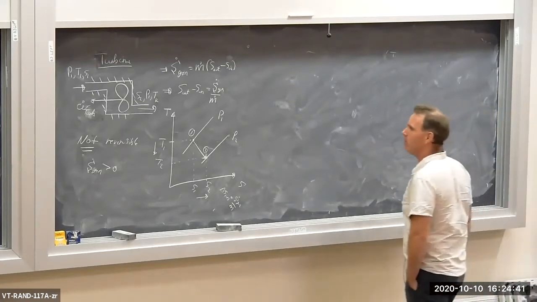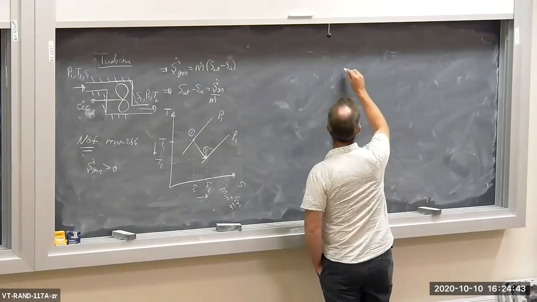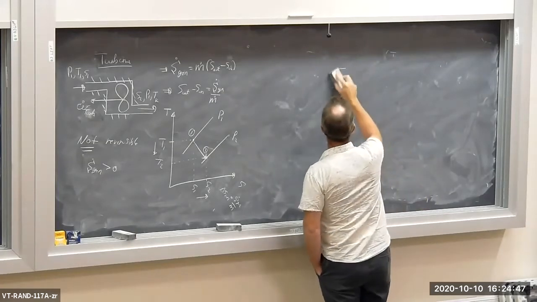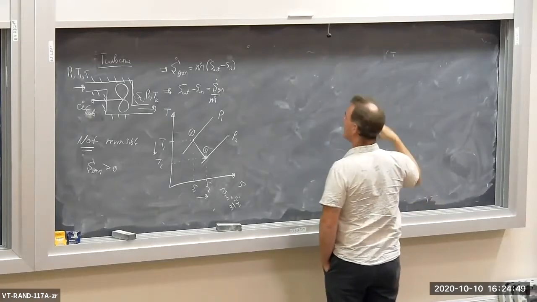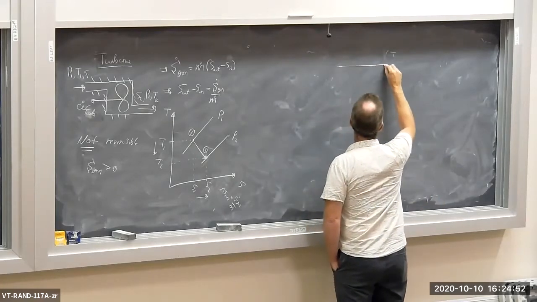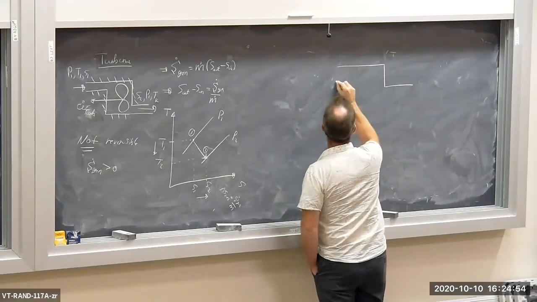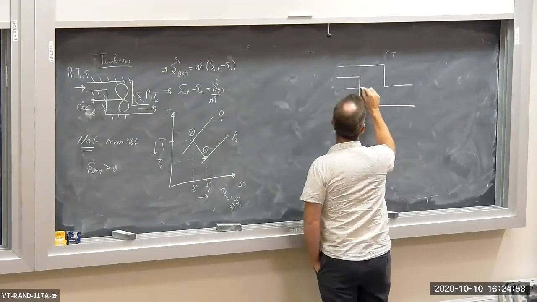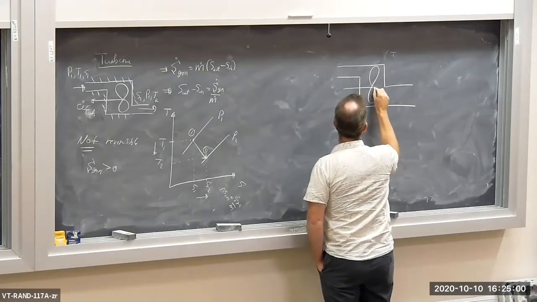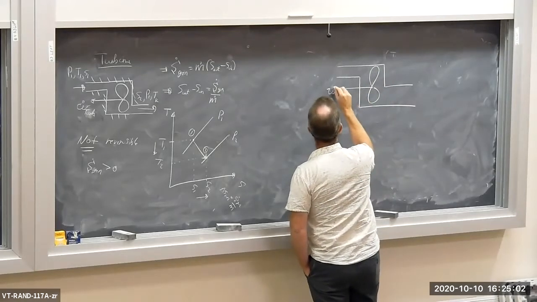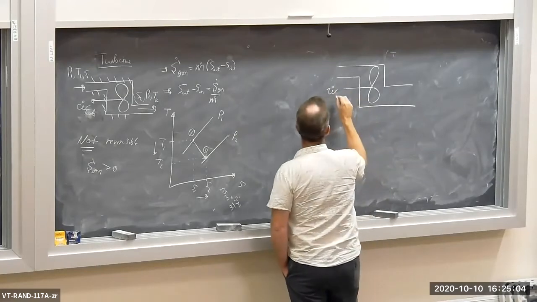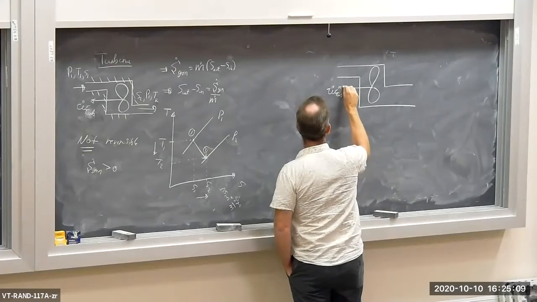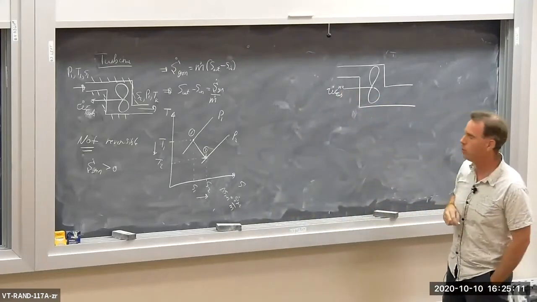Now let's do the same thing for the reversible turbine. So this will be W dot turb, and I'm going to put reversible, REV, in the superscript.